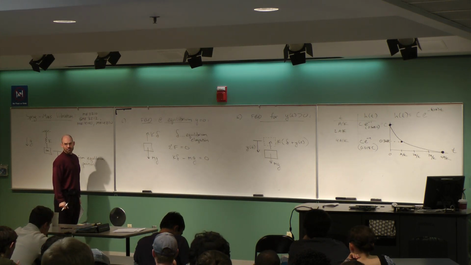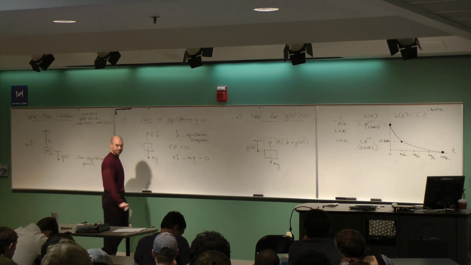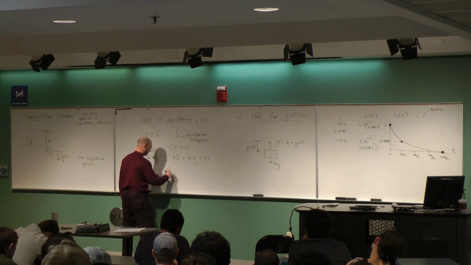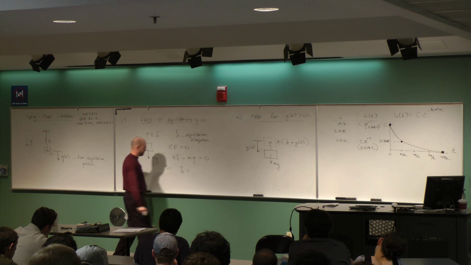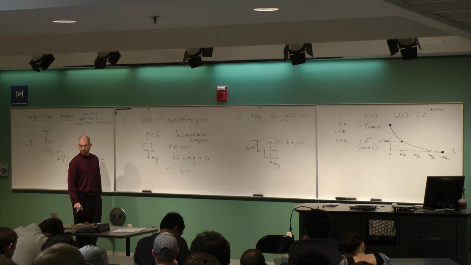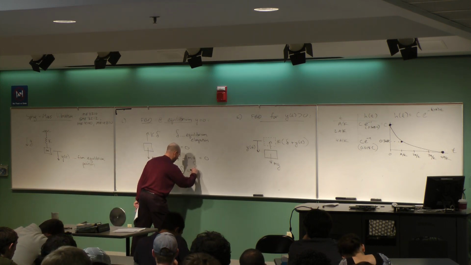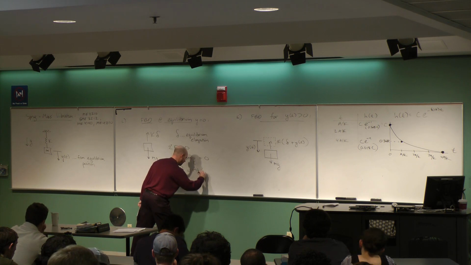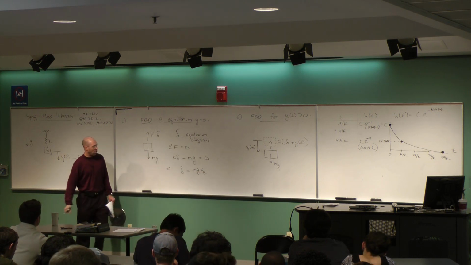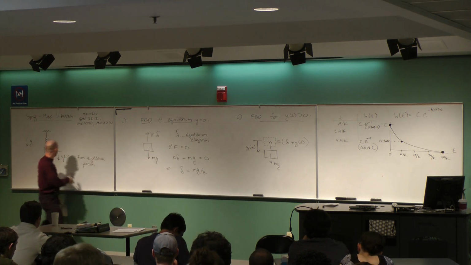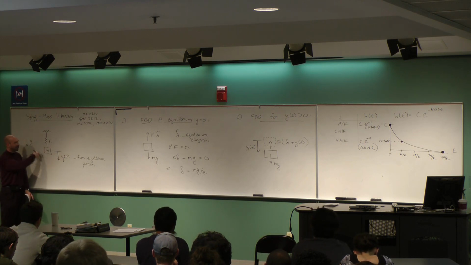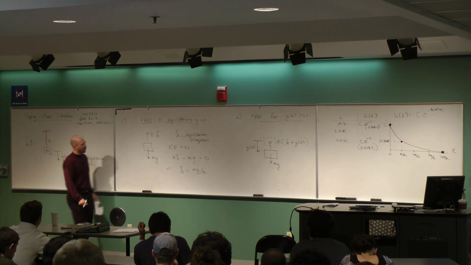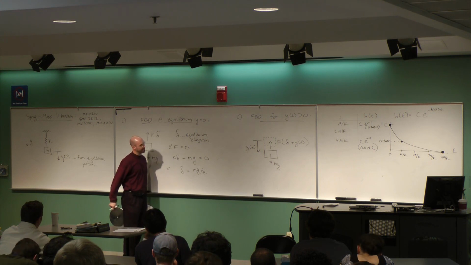So can I find delta? What's delta going to be? It's the weight divided by the spring constant, mg divided by k. So first of all, delta, I know what it is, from the original problem parameters: delta is just mg divided by k. Great, that's what I get from statics.